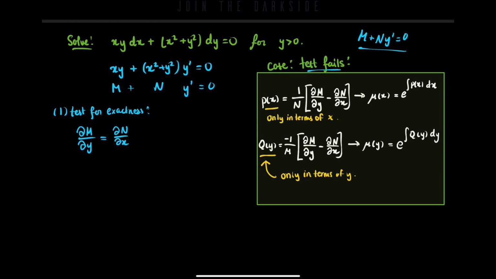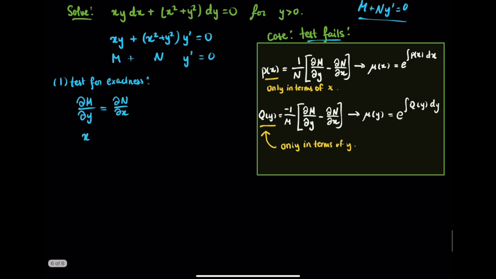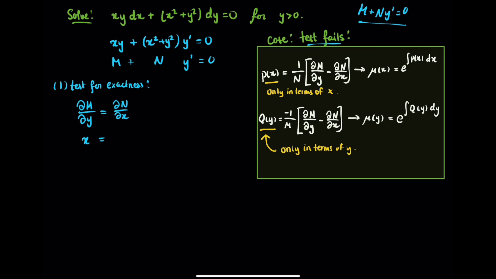Then we take the partial derivative with respect to y, and that gives us x. And we take the partial derivative of N with respect to x, and that gives us 2x. This is not exact. So this is the case where the test fails, right?